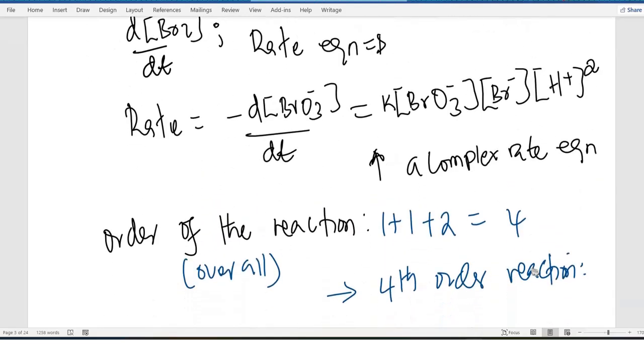As we said, the rate of the reaction, which gives us the rate equation, does not include the products, but it includes the reactants. So never write the equation of the rate of these reactions in terms of products, but give it in terms of reactants.